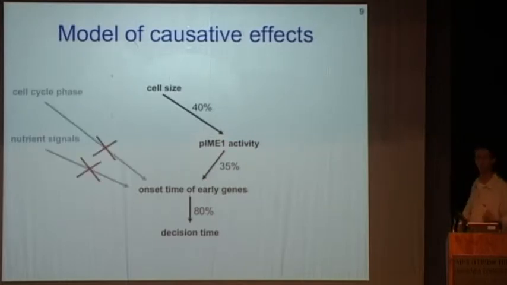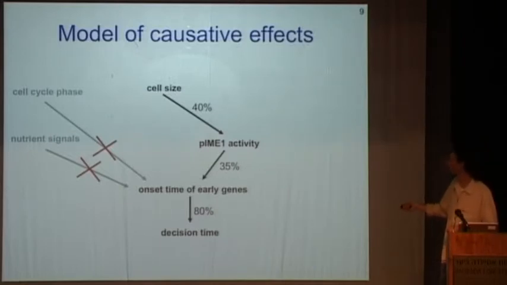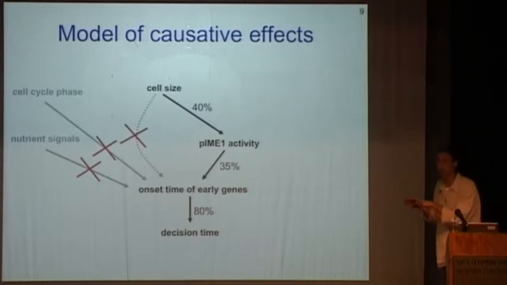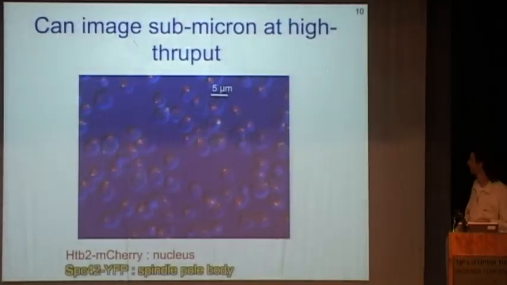We can rule out some factors. For example, the cell cycle phase or the nutrient signal integration are not significant factors in determining the decision time. We can do some more elaborate tests, which I won't go into. This combination of live imaging and statistical tools is the basis for a platform.